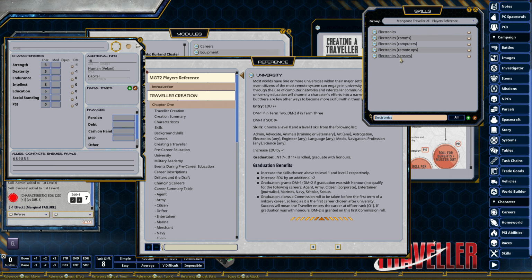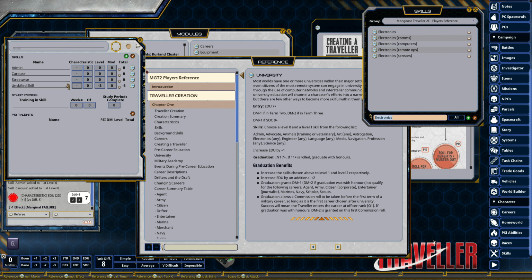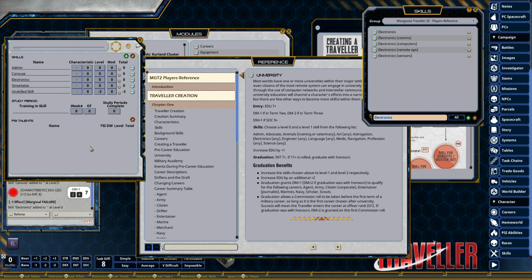Once you get a 1 or higher in a skill that has a specialization with it, you have to choose a specialty or specialization. But you would have all of the others at 0. So if I took electronics comms at 1, then I would have electronics comms at 1, computers at 0, remote ops at 0, and sensors at 0, right? Pretty easy, but we'll take electronics at 0, right?